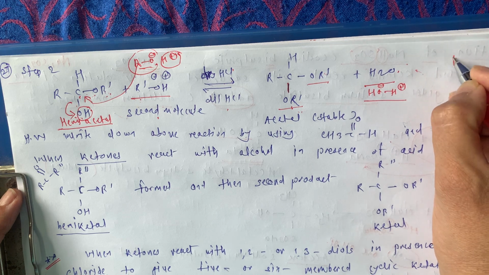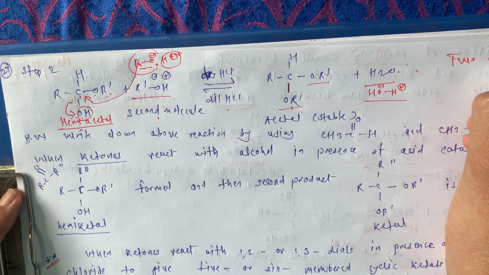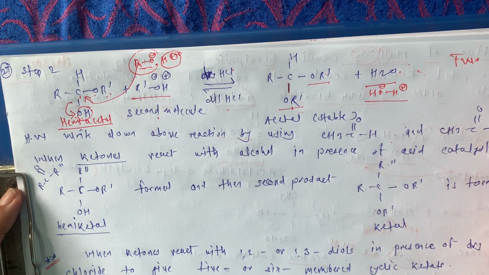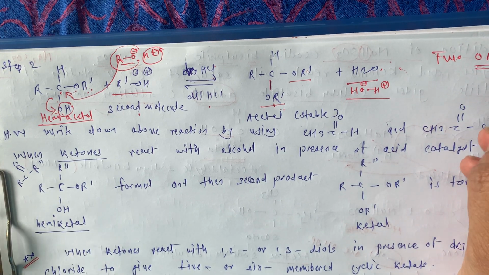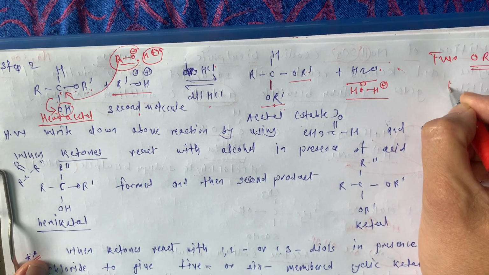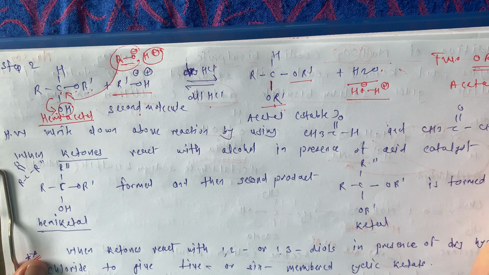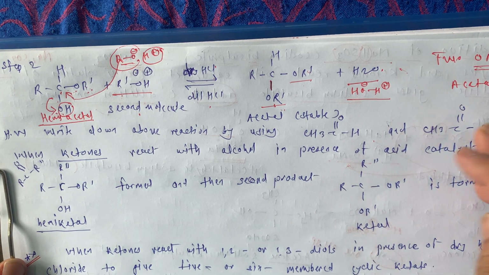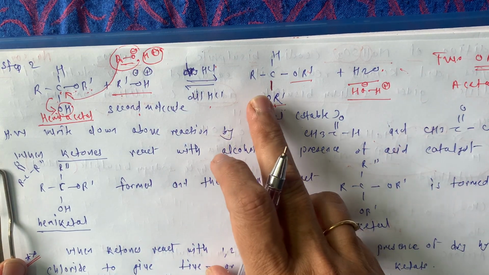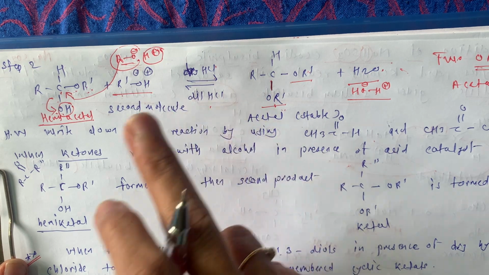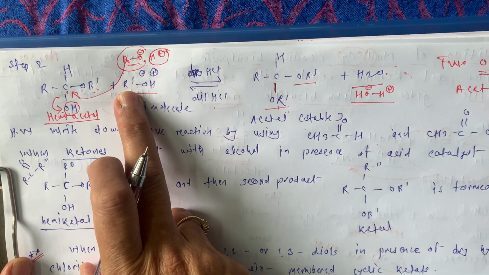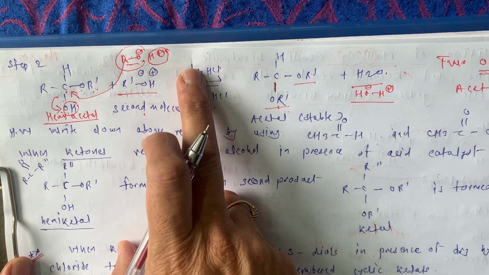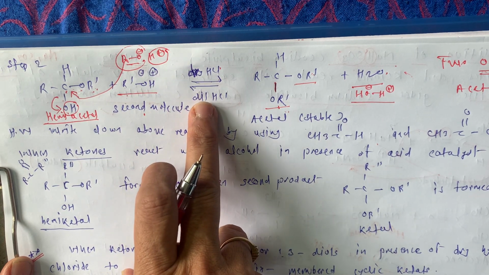When there are two alkoxy groups, then this is mentioned as acetal. Starting with aldehyde, addition of two molecules of alcohol in presence of dry HCl and dilute HCl.